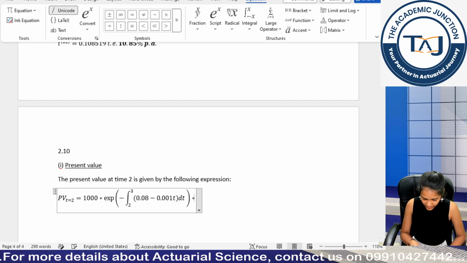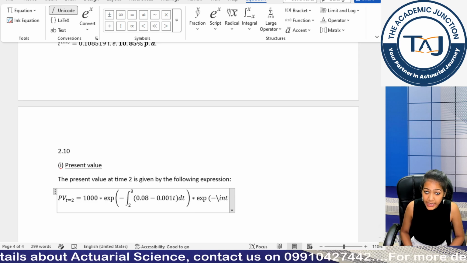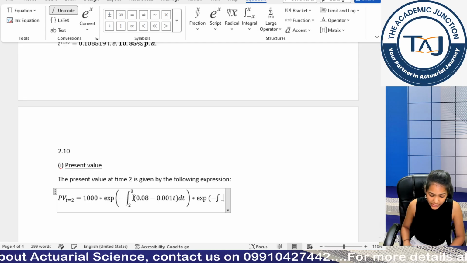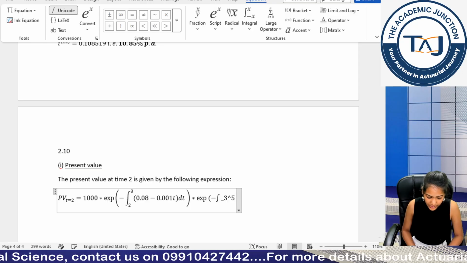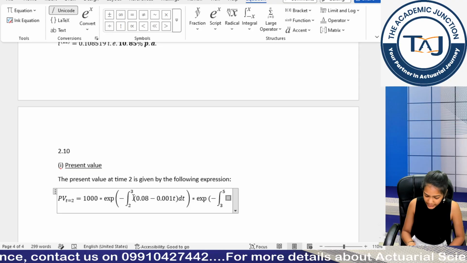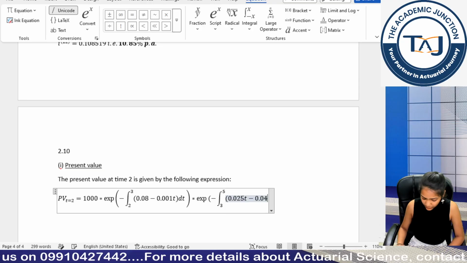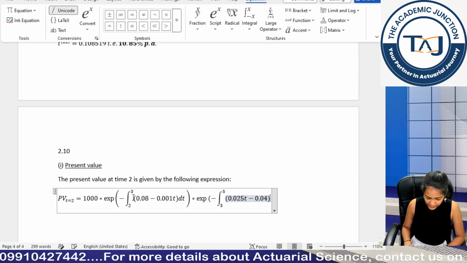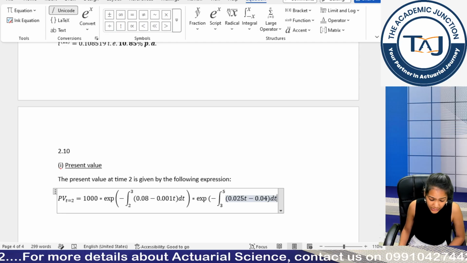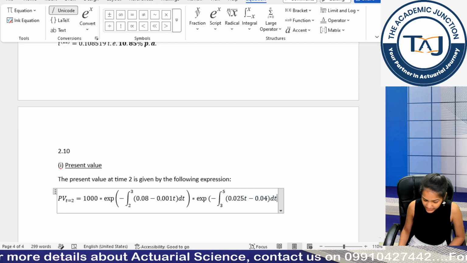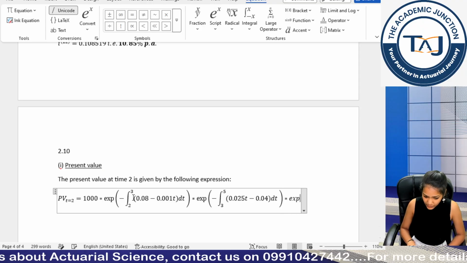Then again minus backslash int to get the integral, this underscore for the lower limit, this for the upper limit, space, then we write 0.025t minus 0.04, brackets close, dt. Then to escape this box, we click the arrow key, space, space, again an exponent.